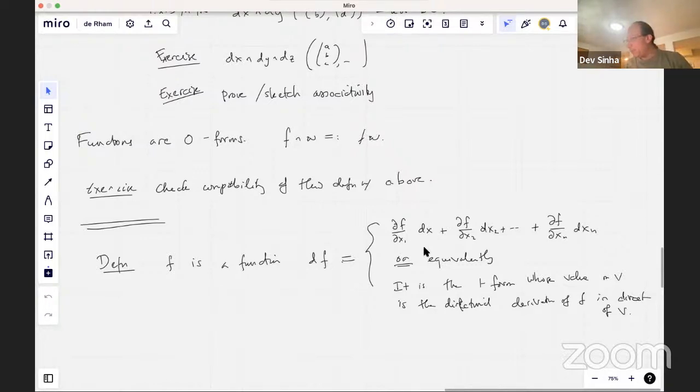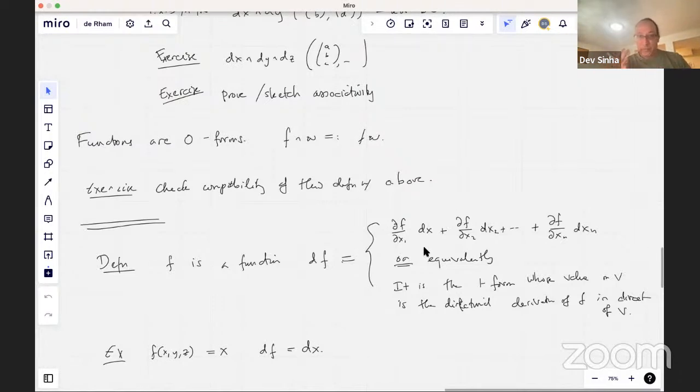So let's just look at the 0th example. If f in three variables x, y, z equals x, then df is our friend dx. But this could now be defined in the second way, and this again is a way to go back and make more elegant definitions for what forms are.